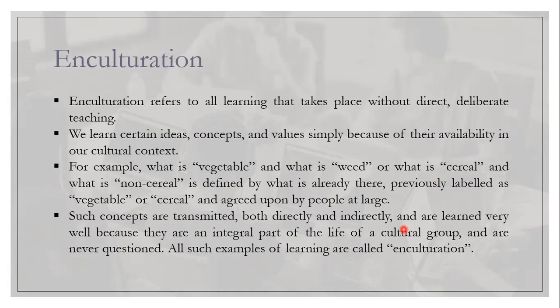So this is what cultural transmission and enculturation are. Enculturation definition: it is all learning that takes place without direct and deliberate teaching. So this is the main concept. How we can relate enculturation is, for example, the process we discussed in the autonomic nervous system.